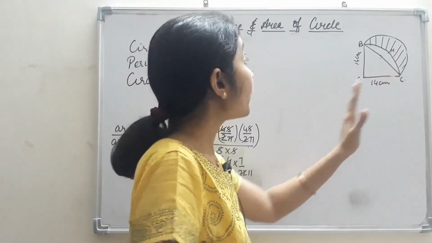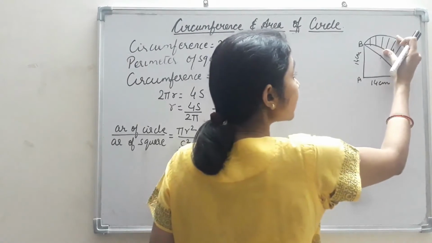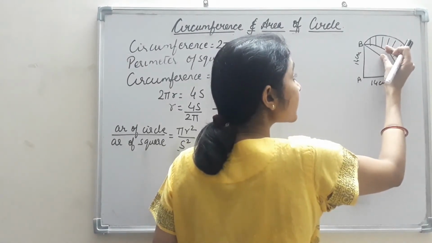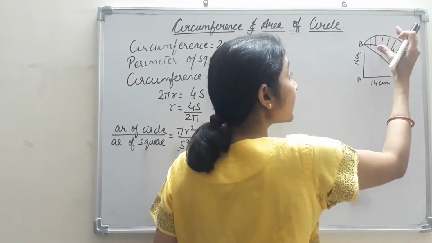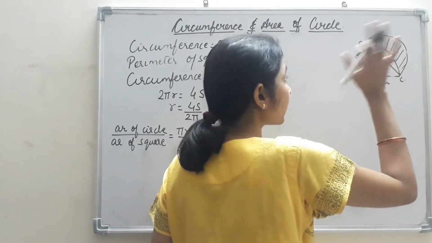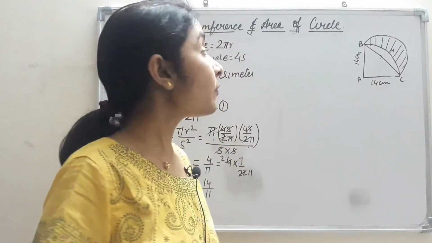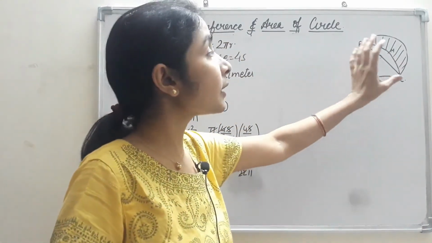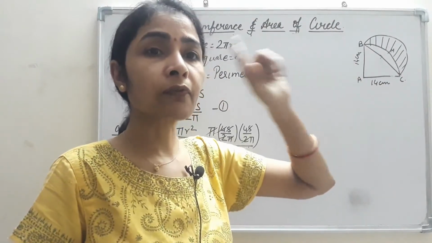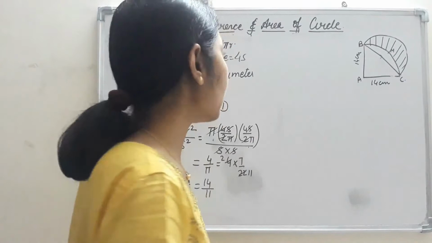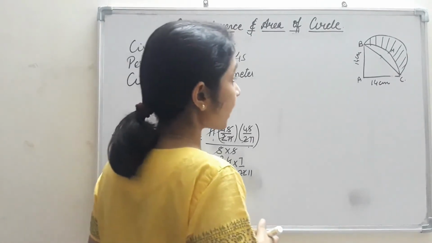But we need to find the area of the shaded region, so we subtract the area of this segment from the area of the whole semicircle, and then we get the area of the shaded region. First we will find the area of the segment using the formula, then the area of the semicircle, and subtract. So let us start with it.